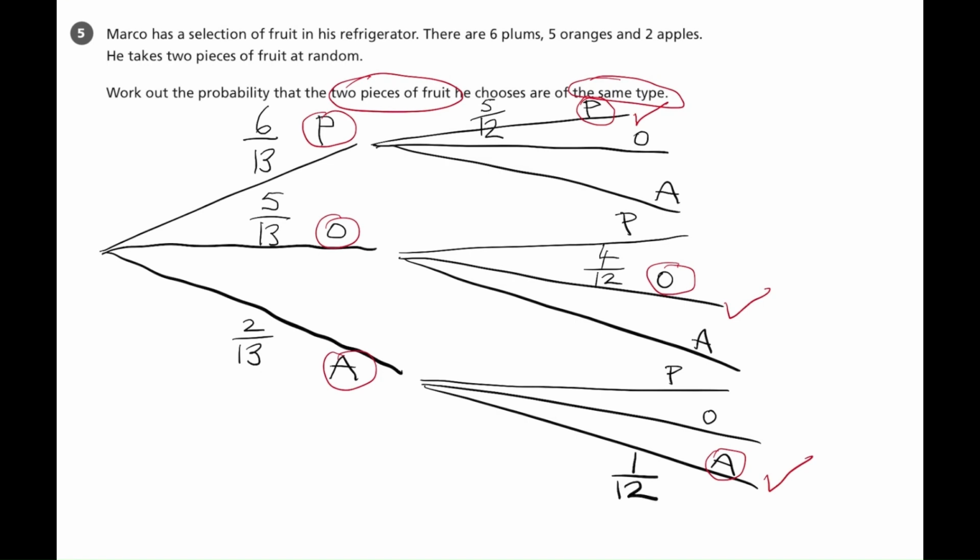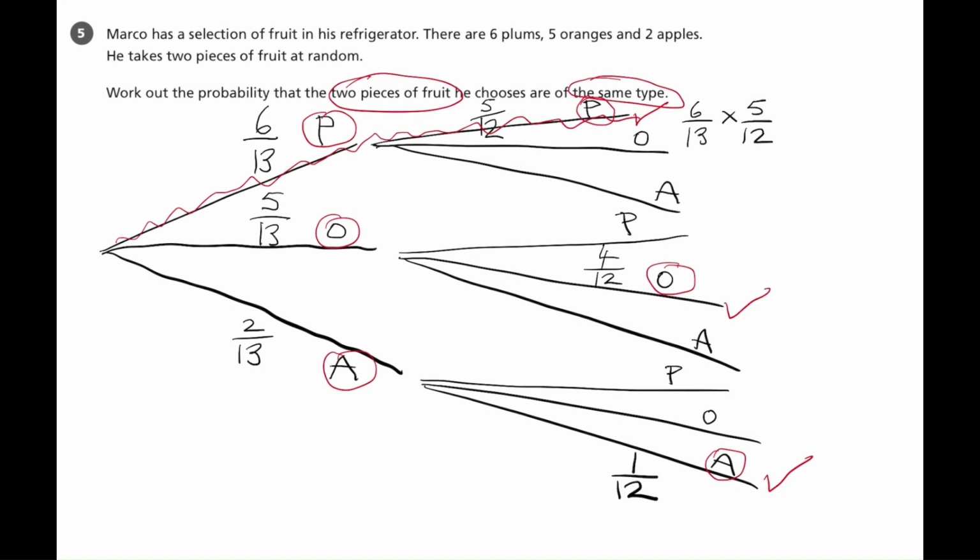We can now use these probabilities to work out each of the routes through the tree. So we begin with plum and plum, and the rule is we multiply to move along branches of a probability tree. So we will be working out 6 out of 13 multiplied by 5 out of 12.